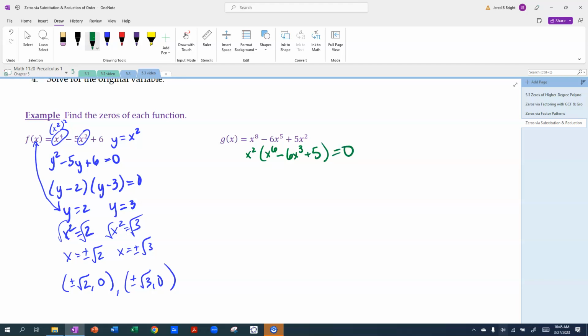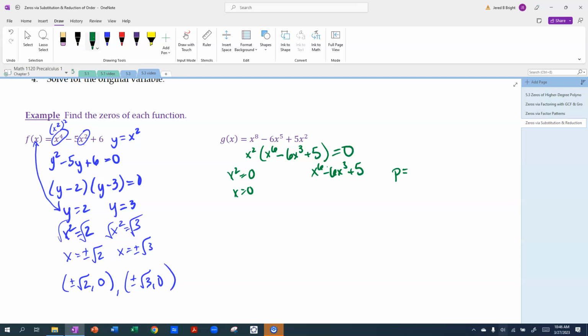Now, for the first chunk, x squared is equal to 0, so x is equal to 0, fine. And then I'm still working with this second piece, x to the sixth minus 6x cubed plus 5. I want to do a reduction of order. Let's do a fun variable, let's do p. What is p going to be to make my life easier?